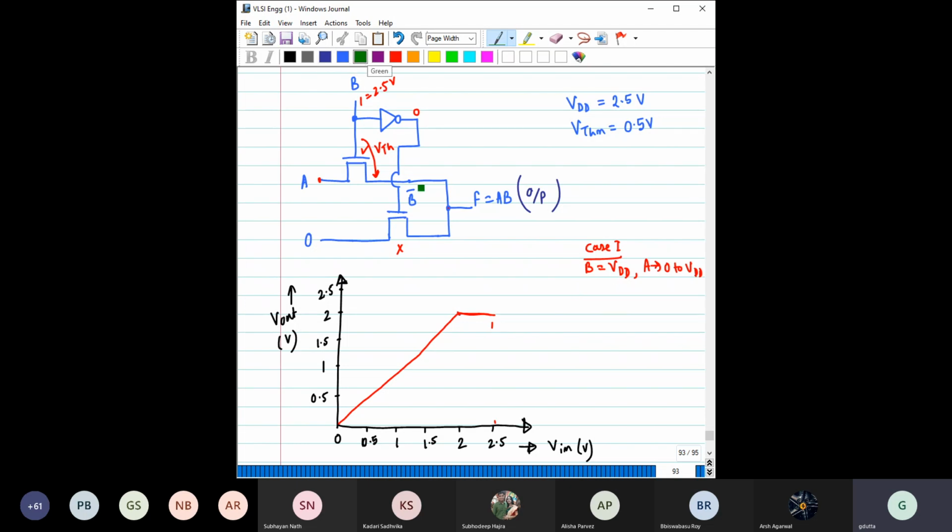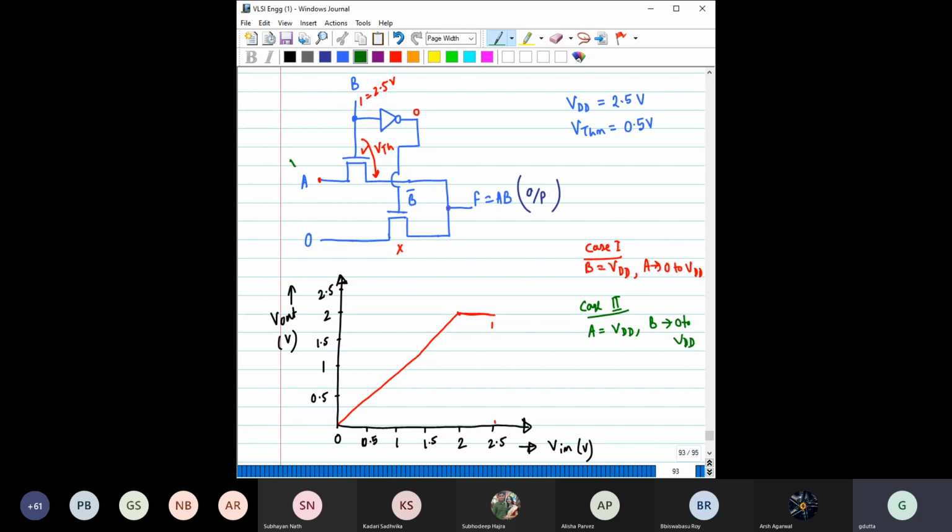Okay. Now then let us say case 2. Now in case 2, let us assume that this A is fixed to VDD. I am using capital VDD.